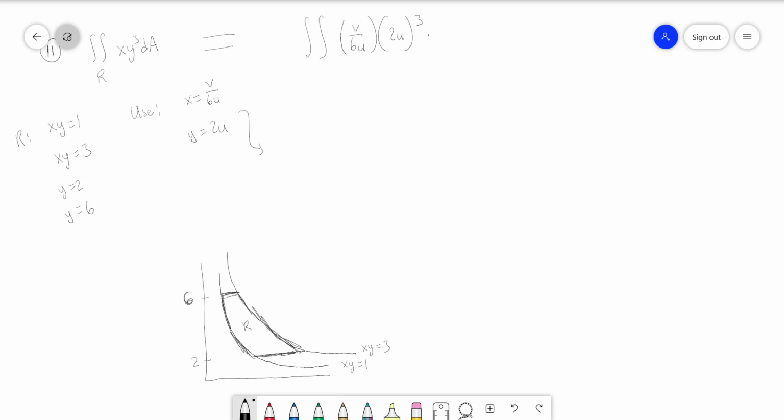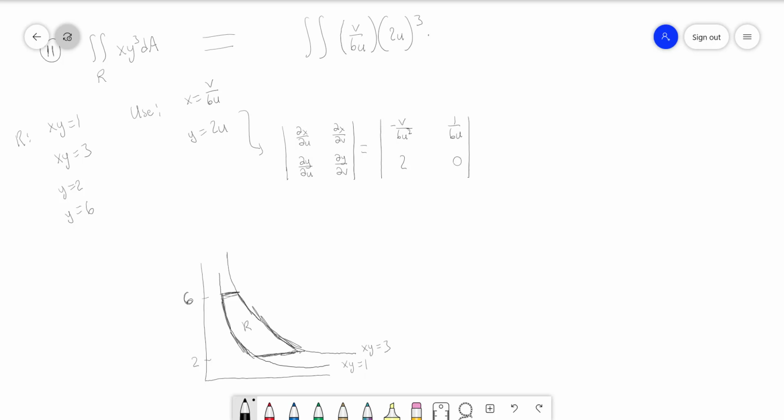So from our change of variables equations here, I need to compute the partial of x with respect to u, partial of y with respect to u, and then partial of x with respect to v, and partial of y with respect to v. Okay, so partial of x with respect to u is minus v over 6u squared. Partial of y with respect to u is 0, and then this is 1 over 6u.